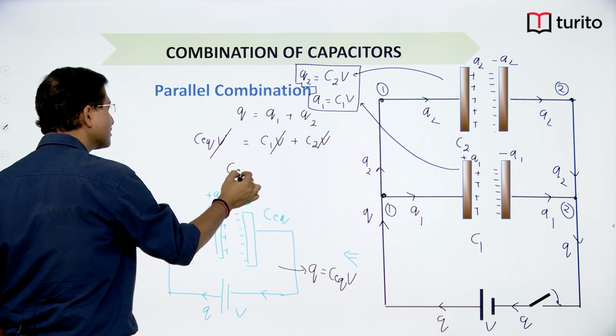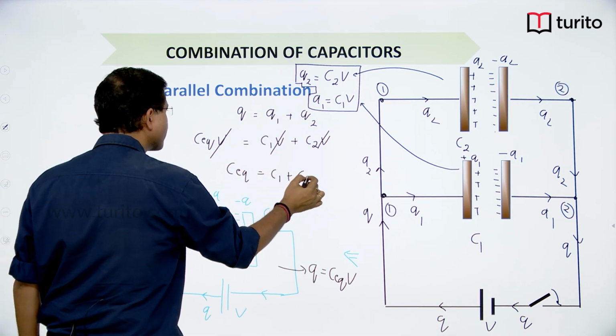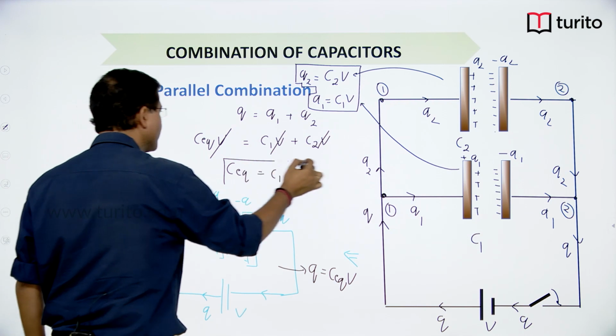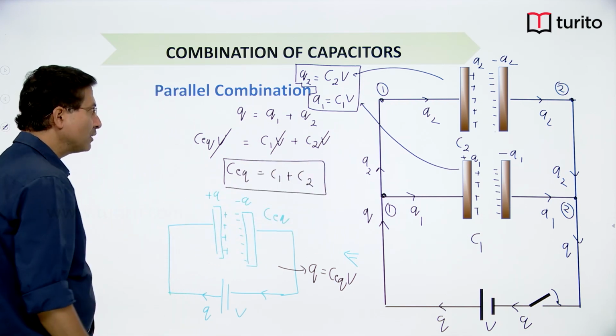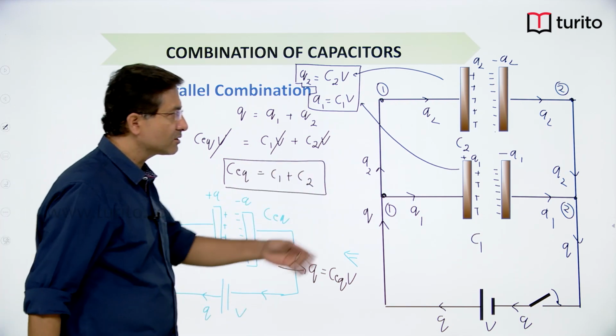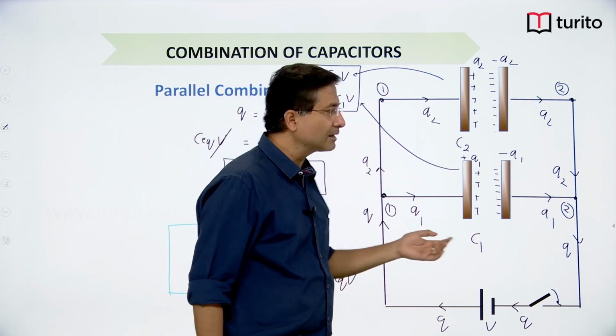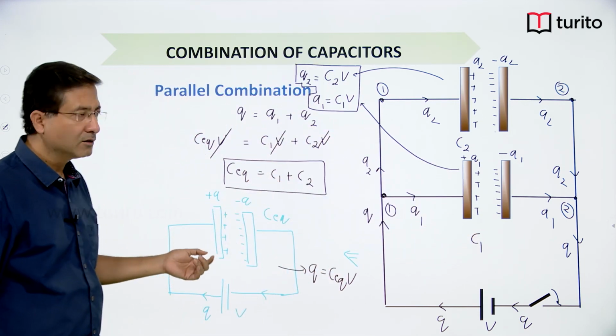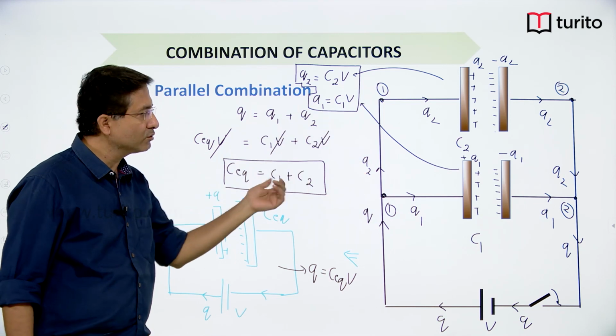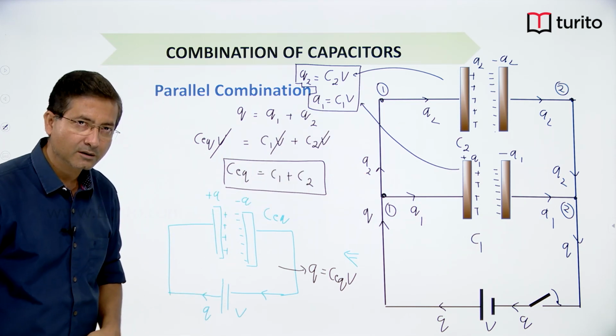We are getting C equivalent is equal to C1 plus C2. So when you are connecting capacitors in parallel, their capacitance will simply get added. Add the capacitance of these two, you will get the equivalent capacitance, right.